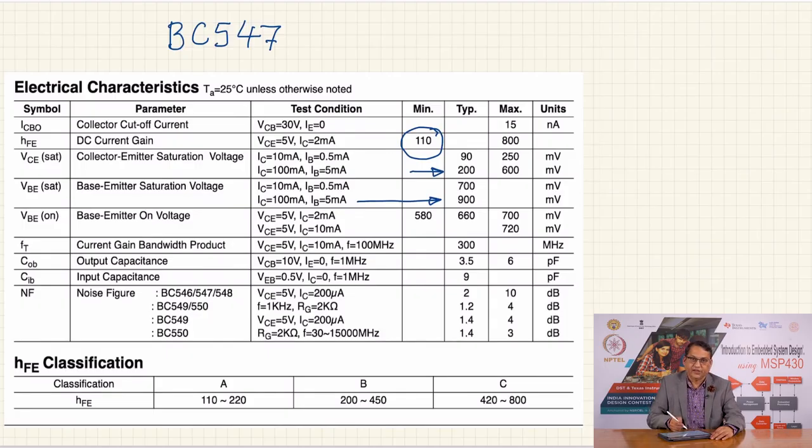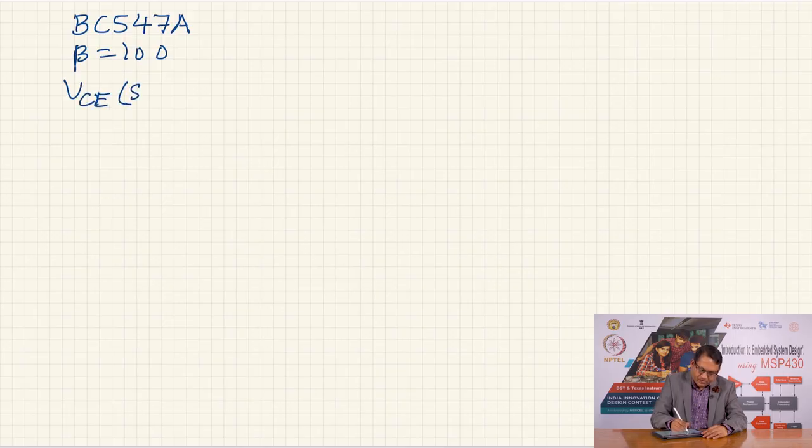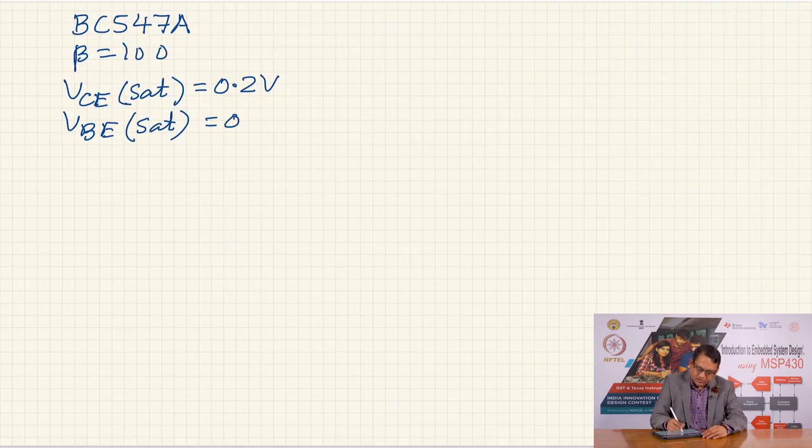The transistor itself is available in 3 formats called BC547A, B and C. We are going to assume that we use a BC547A transistor, and all our calculations are going to be based on that. Let me write down the information here: for our BC547A, beta is 100, VCE sat is 0.2 volts, and VBE sat, the saturated voltage of the base emitter junction, is 0.9 volts.